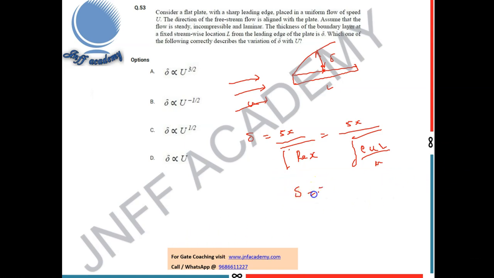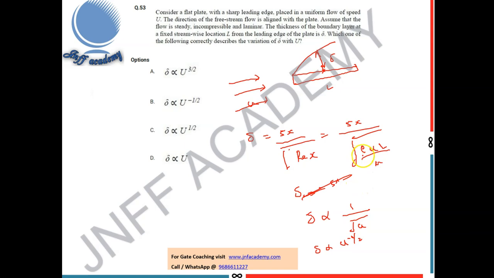If you take all the other terms to be constant, because we wanted to establish a relationship between delta and u, delta is inversely proportional to root u, which means delta is proportional to u power minus 1 by 2. Rest all is not asked in the question.